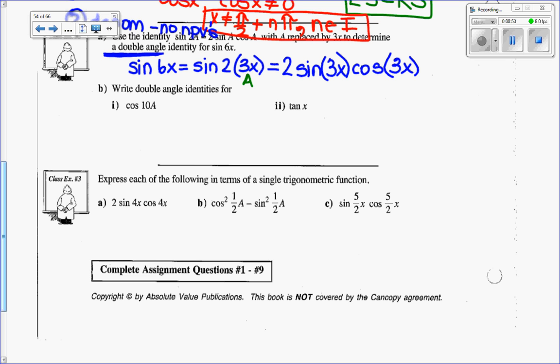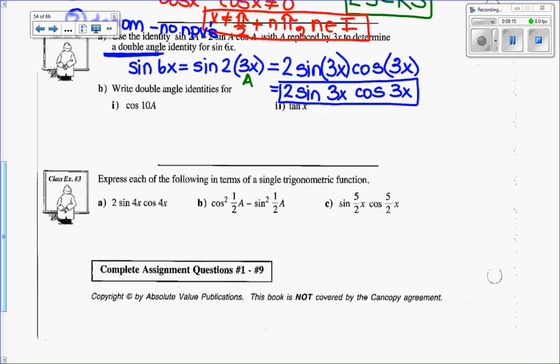I guess you could write it with or without the brackets. Okay, so that actually would be considered a double angle identity for sine 6x.